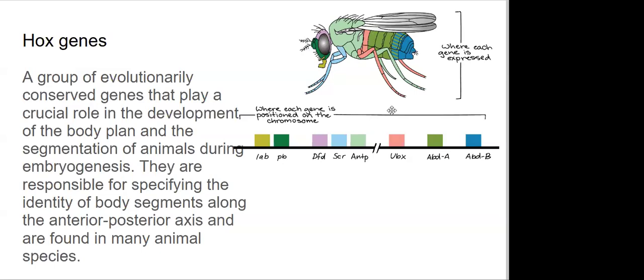One of the interesting things is that if you take a fly and you put these Hox genes, the UBX ones, but you express them over here, then you'll get a leg where an antenna should be. So it's just a series of genes that are responsible for expressing the proteins that are important for the specific body segments.